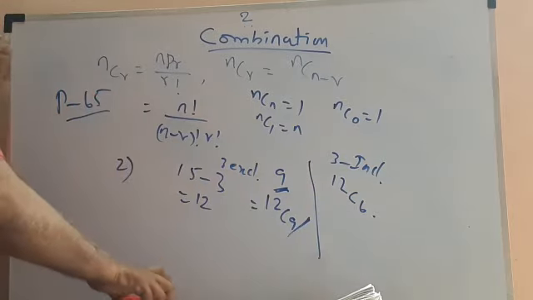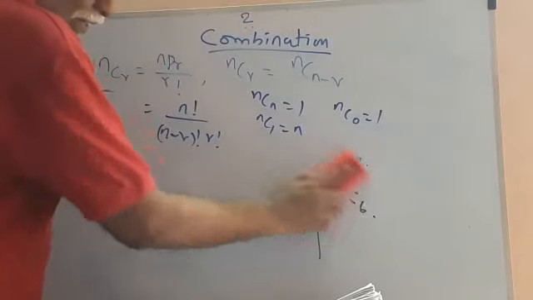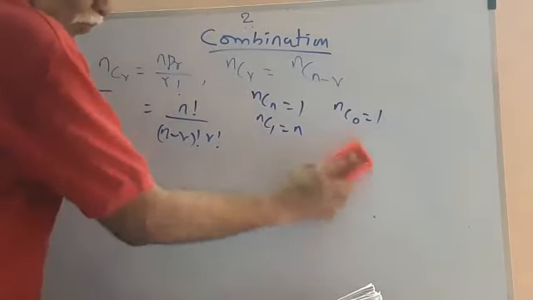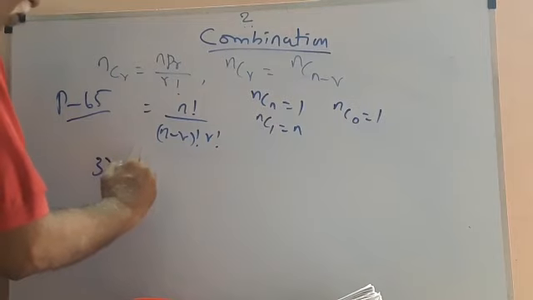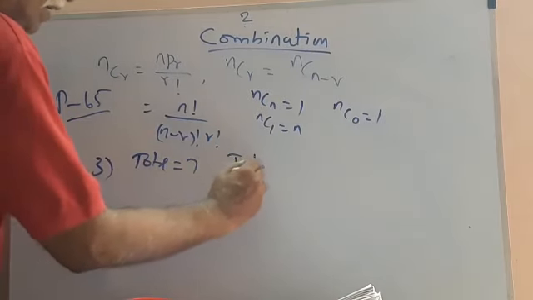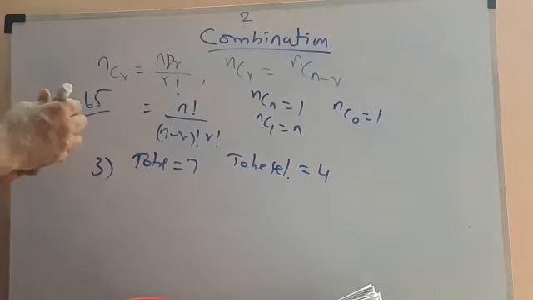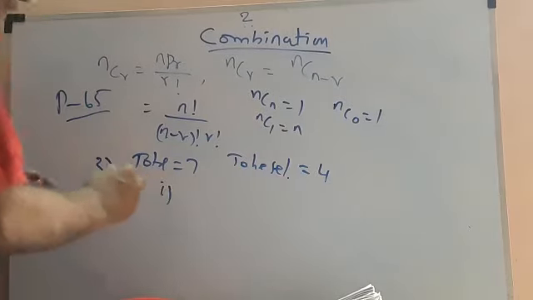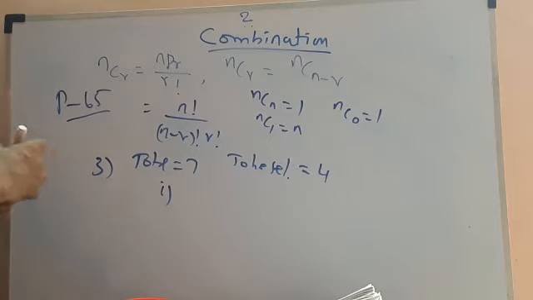Right, let us go to sum number 3. There are 7 candidates for a post. In how many ways is the selection of 4 to be made? Total 7, to be selected 4. First condition, number 1: 2 persons whose qualifications are below par are excluded.